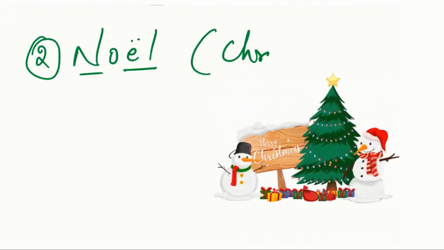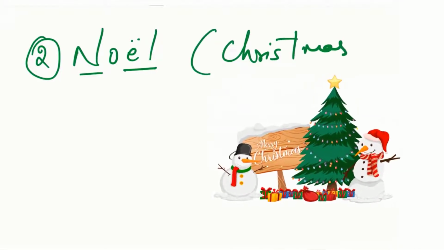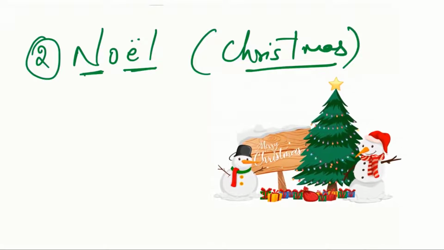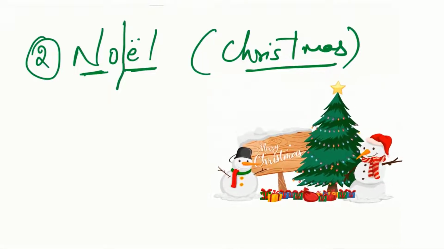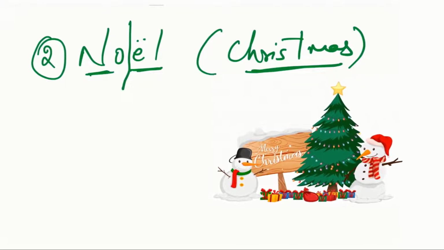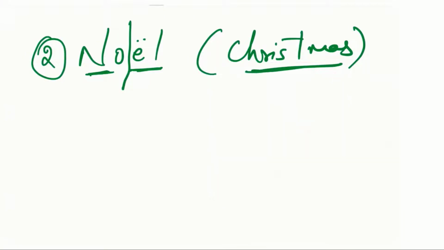The second example, Noël. Noël. The meaning is Christmas. Here, Noël, the small pause I had given. And this is Christmas. So the next word, I'll just write knife.